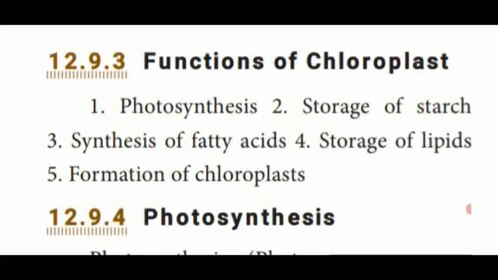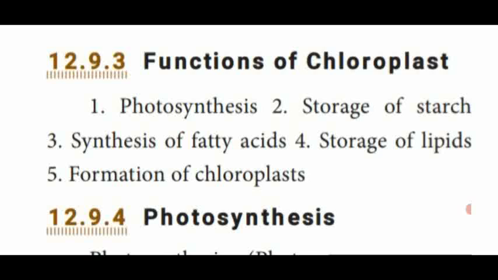Chloroplast is the green colored plastid which performs different functions. One of the main functions is photosynthesis, storage of starch or carbohydrate, synthesis of fatty acid, and storing lipid content.